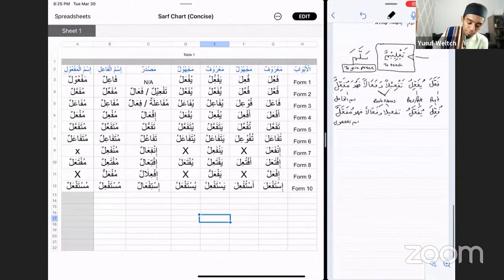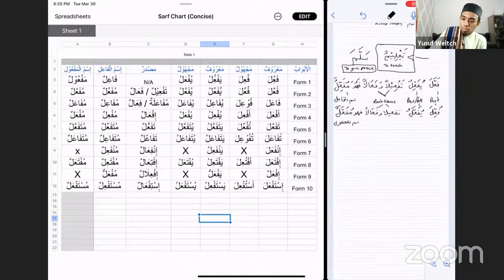Any volunteers? Sure, you can read it. This is the past tense form. What we want to do is read past and present tense, but I'm going to give you the letters, inshallah.